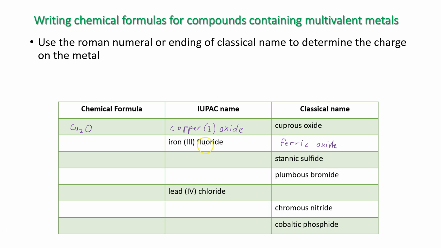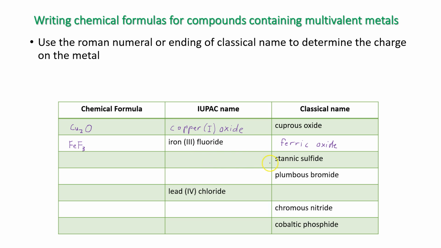In this case we know that fluorine always has a charge of -1, so we would have FeF3: 1 iron and 3 fluorines. So +3 charge, and each fluorine has a -1 charge. That's a neutral charge, so it's balanced.